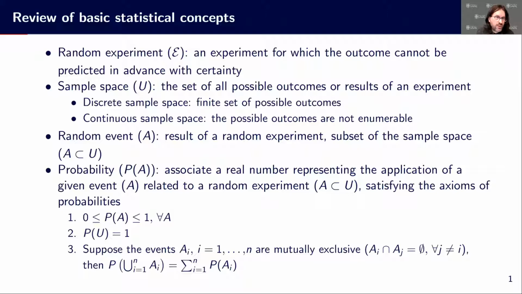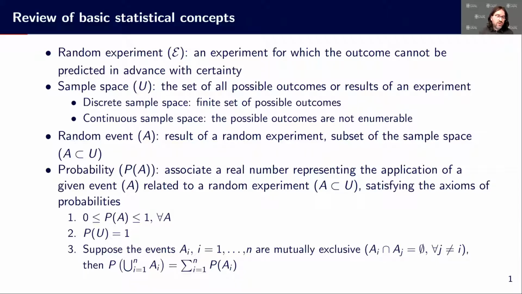So we have an experiment, and we are looking at the probability that the outcome of that experiment will be event A, and that event A is part of the sample space. This probability satisfies the axioms of probability.